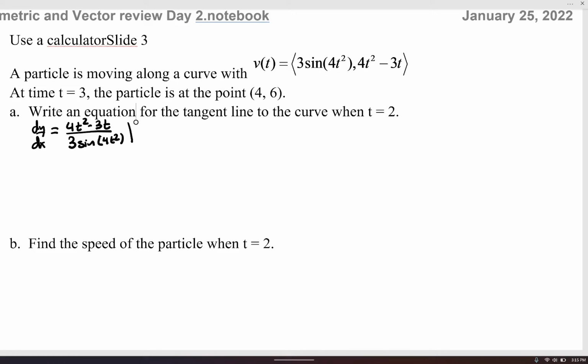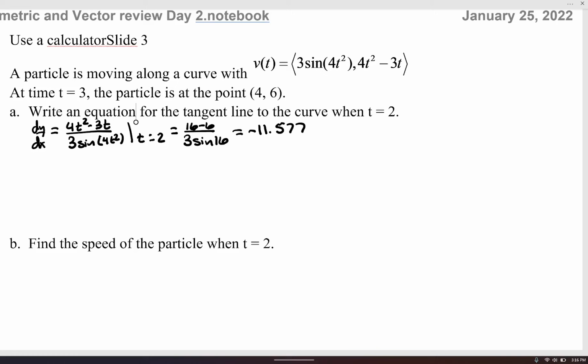We're evaluating that when t is equal to 2. So that's equal to, let's go with 4 times 4 is 16 minus 6 over 3 sine of 16, whatever that is. Well, it's actually a negative 11.577. So that gives us the slope, but now we need the point.